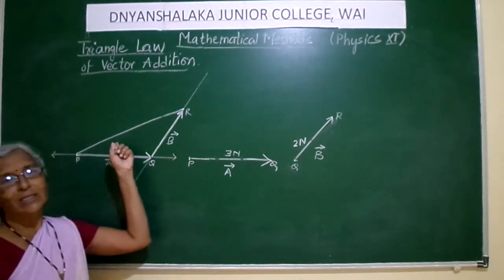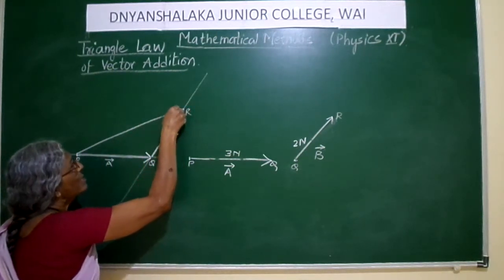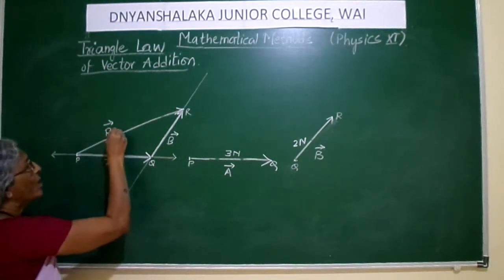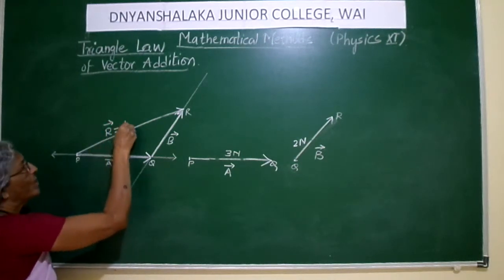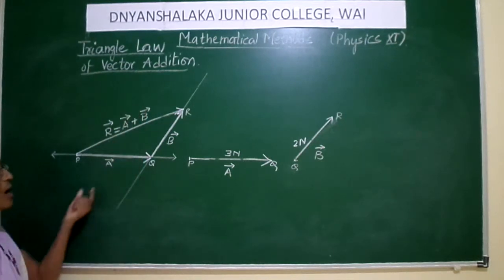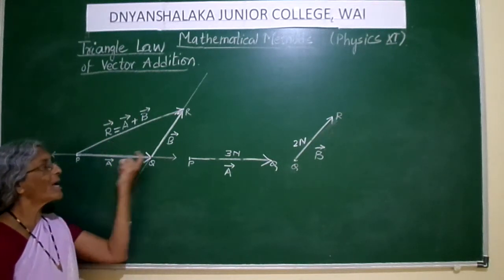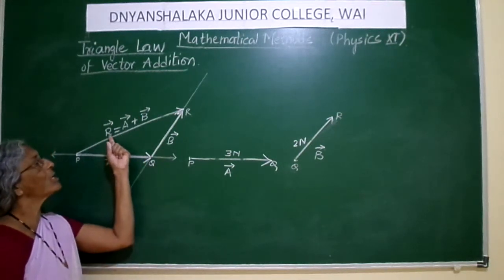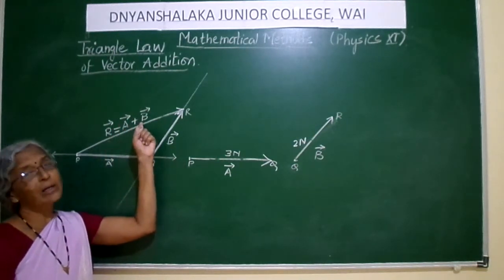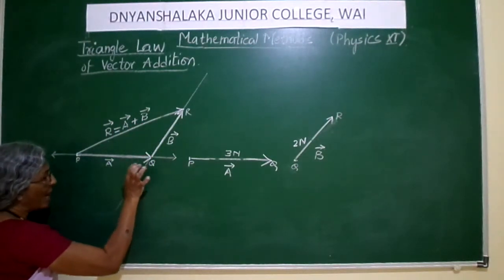Once I draw this side, this side is the resultant of these two vectors, and the value of this resultant will be equal to vector A plus vector B. It is the resultant of the two vectors A and B. So this resultant vector R is equal to vector A plus vector B. Are you getting it? So this gives me the triangle law.